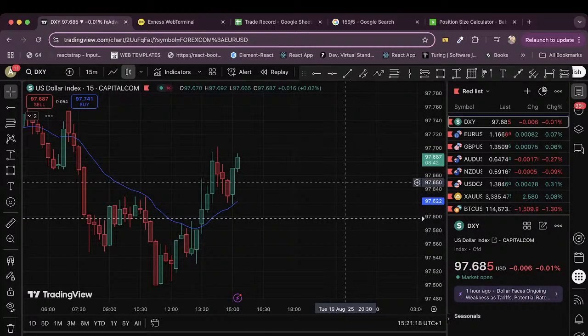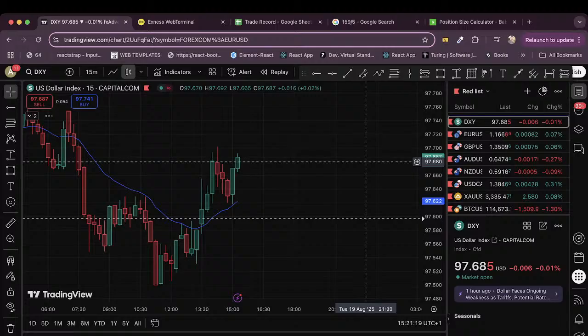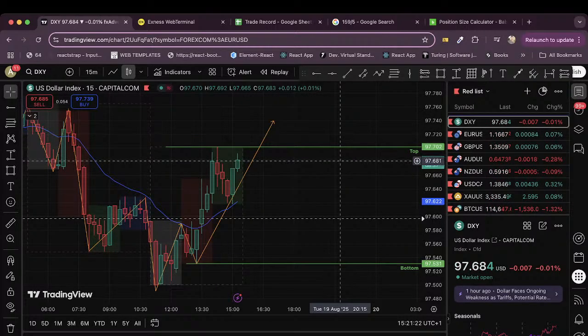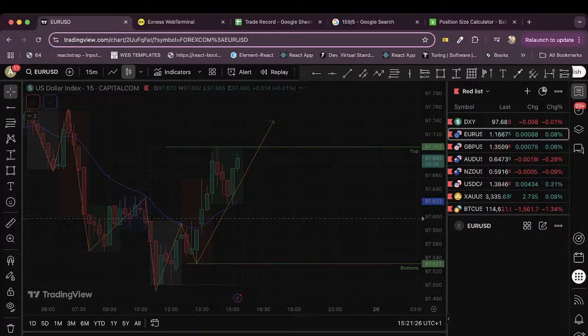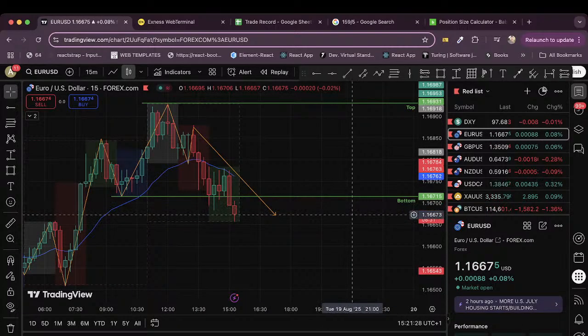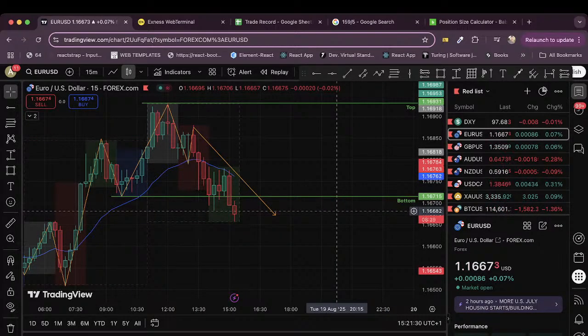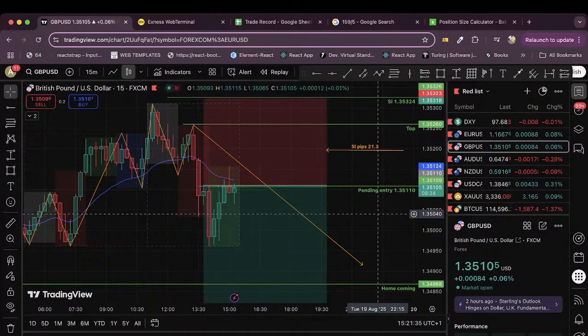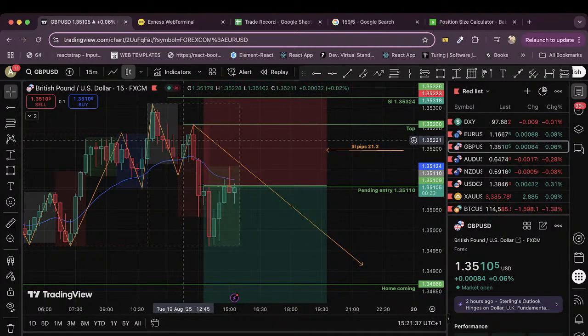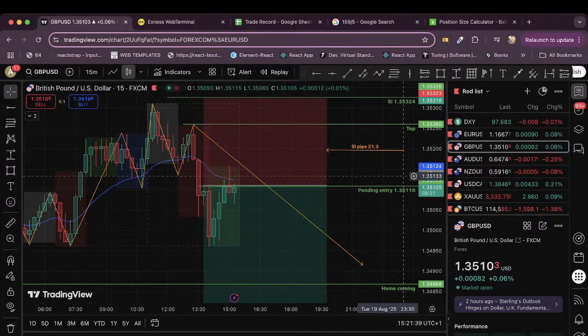DXY is moving convincingly, but not anything so exciting. But now I'm wondering why British pound is delaying the move, because I just don't like it. British pound gave the first move here, which was looking good.